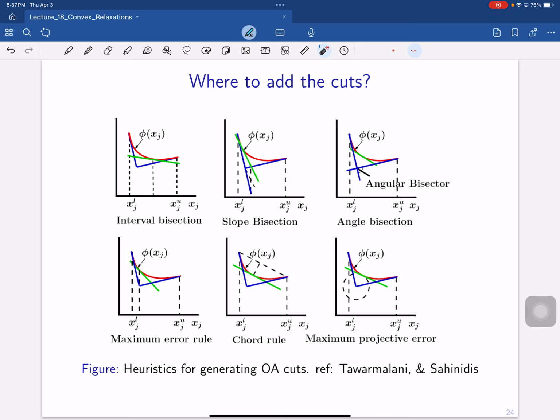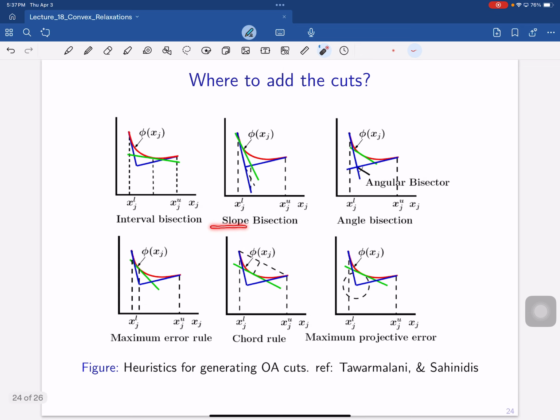And the other heuristic they said is instead of bisecting the interval itself, you will add a cut that bisects the slope of this function. So on the two sides of the interval, you have this line with a given slope and this line with a given slope. You can pick a linear approximation cut that bisects the slope of the two endpoints rather than bisect the interval.